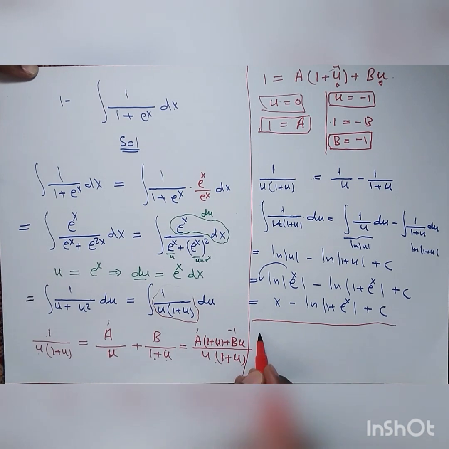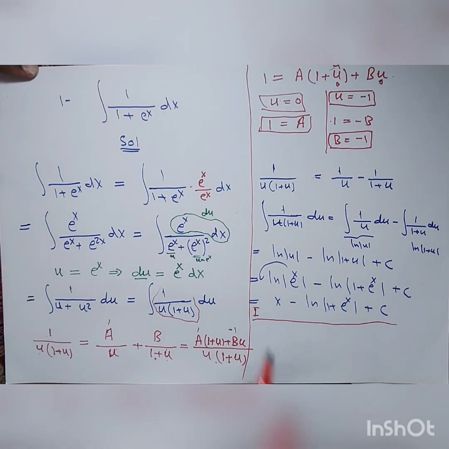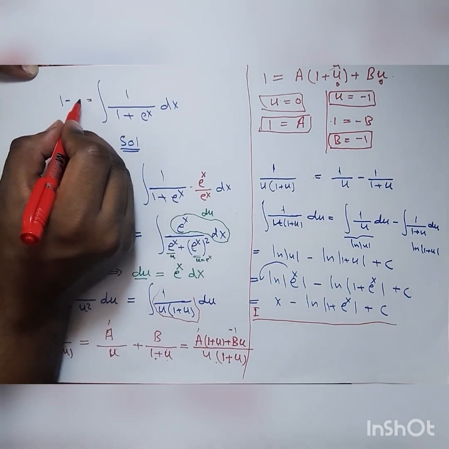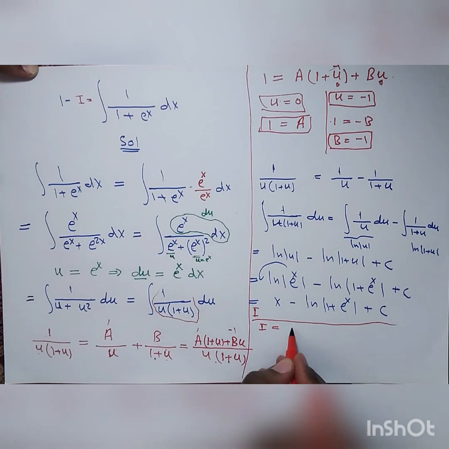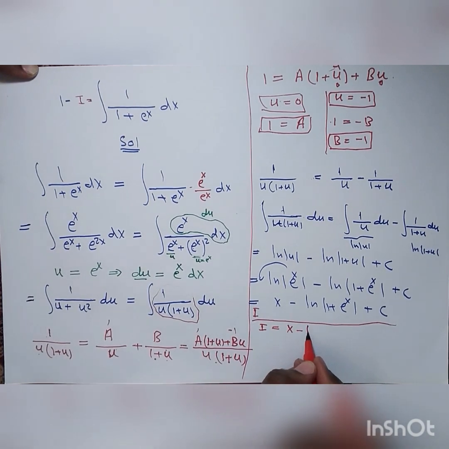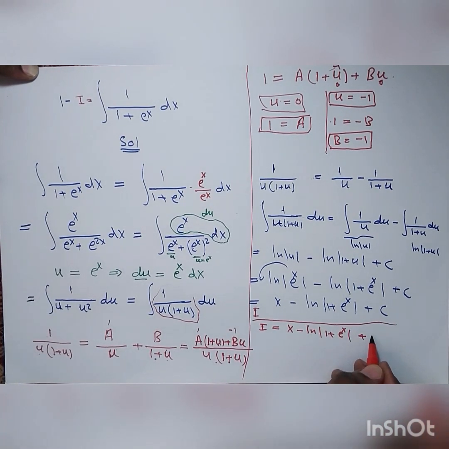Let us call it I, because it was the integral. So I here is now x minus the natural logarithm of 1 plus e to the power x plus a constant.